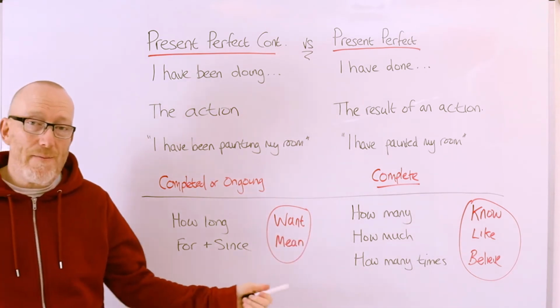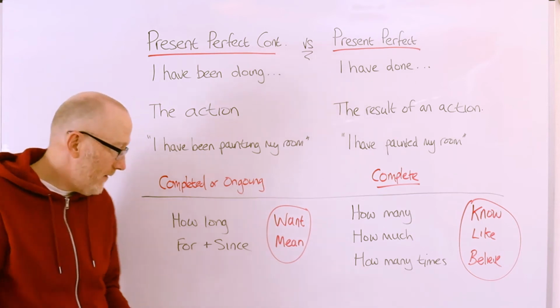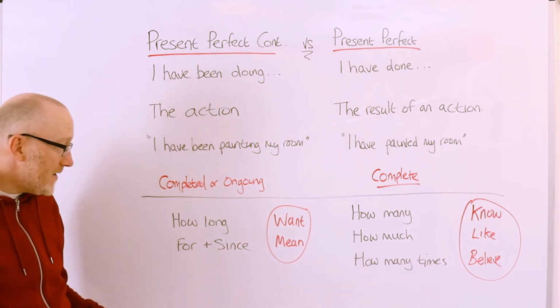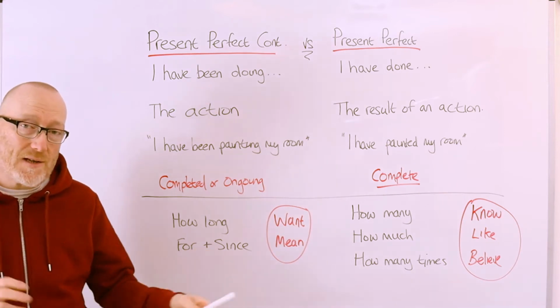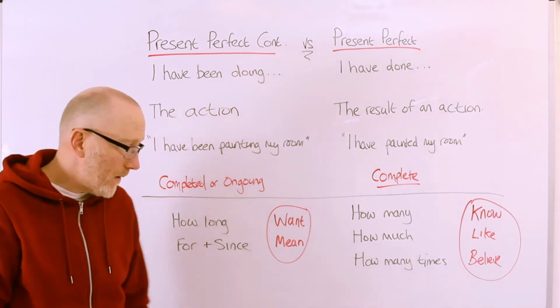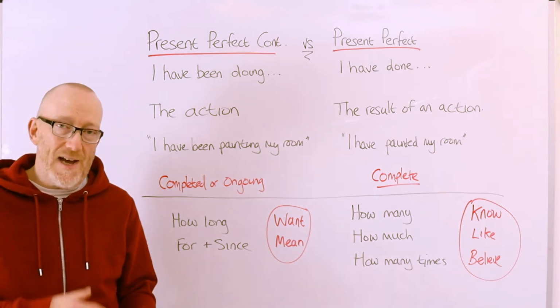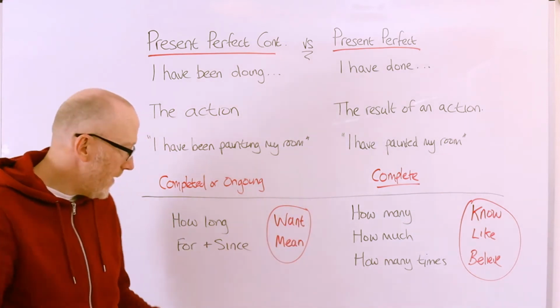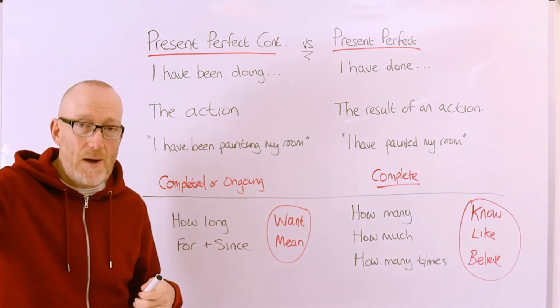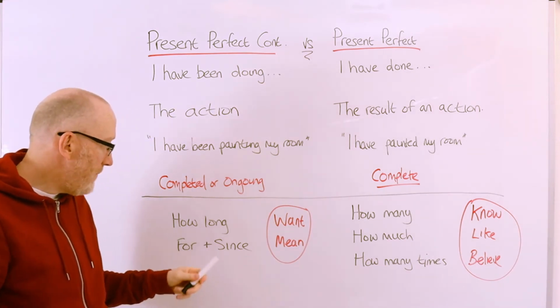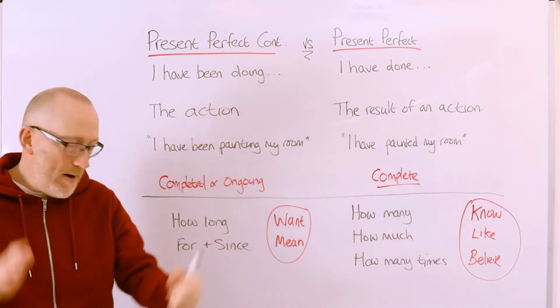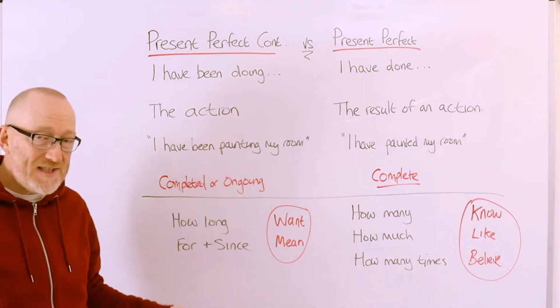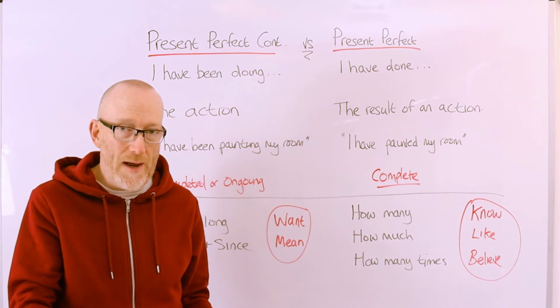And if you remember from our previous lessons, with the perfect continuous tense, we will use for and since to help describe those time periods. So for plus a time period, 10 years, since plus a point in time. So I have been painting my room for 2 hours, a time period. I have been painting my room since 9 o'clock this morning.